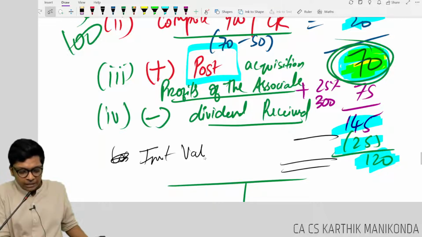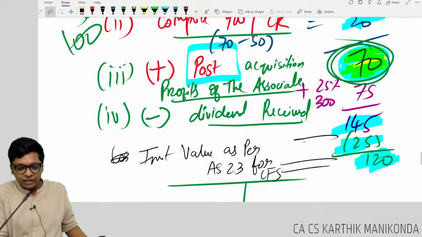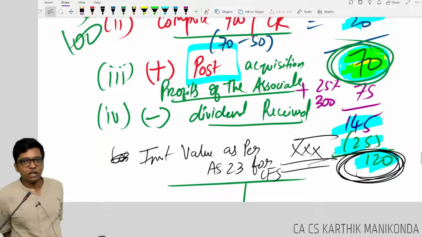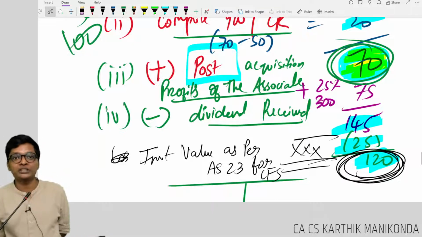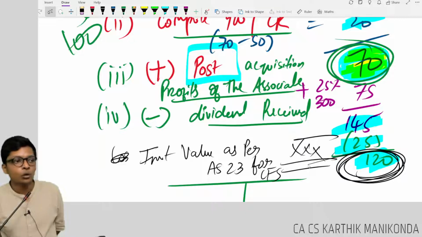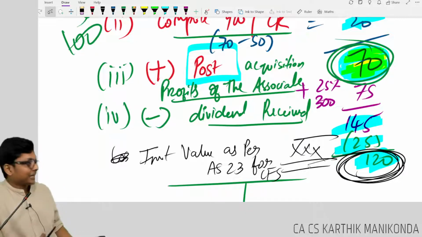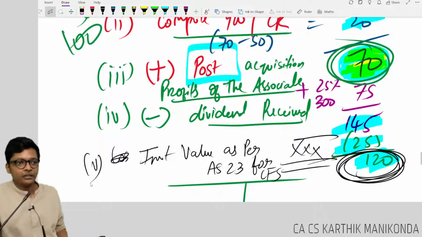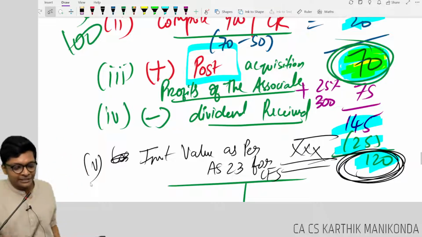Investment value as per AS 23 for the purpose of consolidated financial statements. Our answer is 120. In consolidation, I will restate my associate into what, guys? 120. Are you following? Right with me. This is item number 5, after adding profit and reducing dividend.